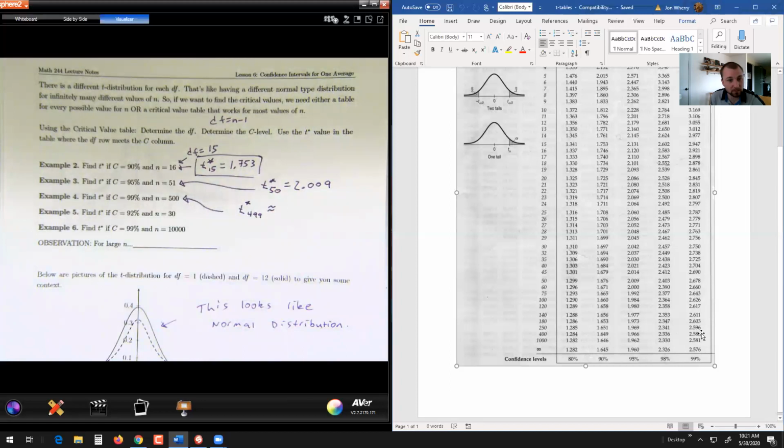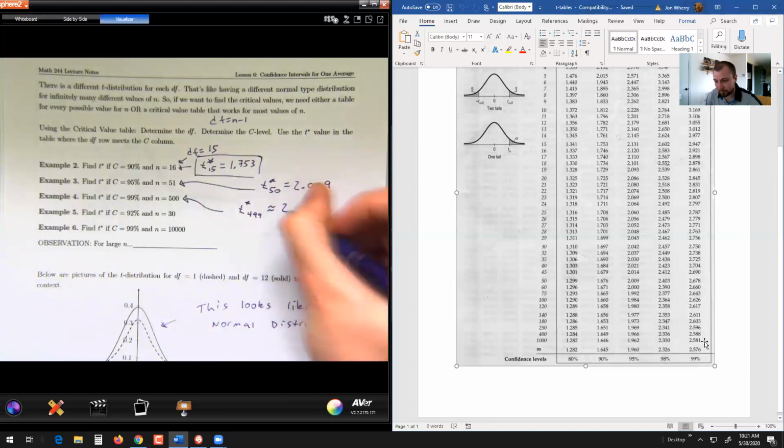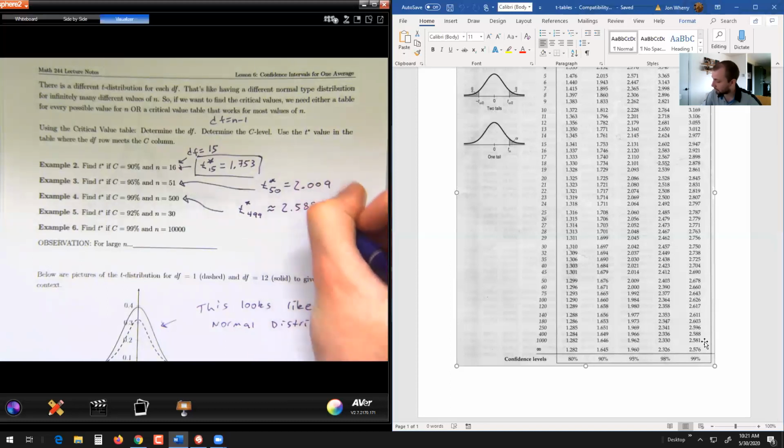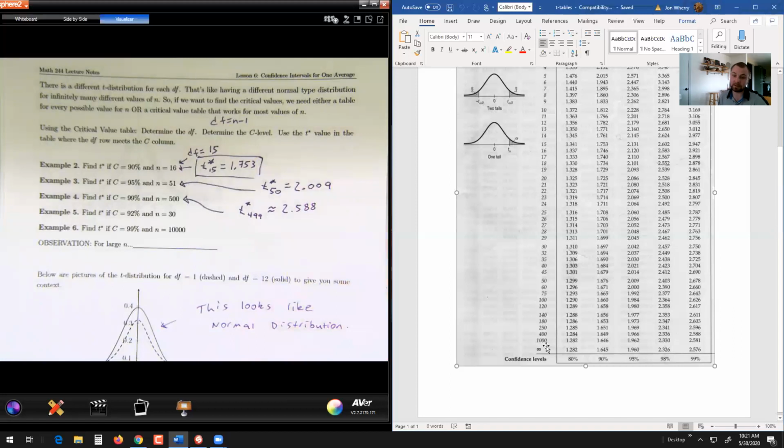So somewhere between 2.588 and 2.581. I might just use 2.588 or so. I personally subscribe to the idea that it's a good idea to assume you have less control instead of more control. So I always personally use the smaller of the 2 degrees of freedom that I have options for. But really, these values are so close, you're probably not going to notice the difference.